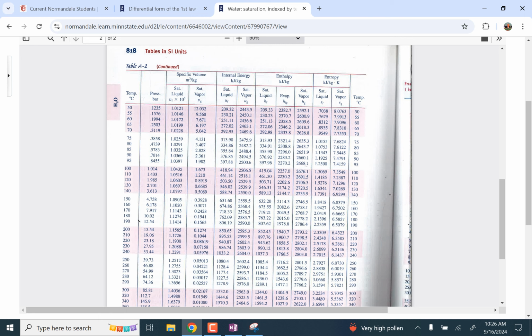And so if you're at atmospheric pressure at the boiling point and you want to get the specific internal energy of liquid saturated water, you go across here and look at the liquid one. And so 418.94 times 10 to the third joules per kilogram in SI units. And then you can see the giant increase in energy if you're talking about a saturated vapor. You remember I mentioned latent heat last time?